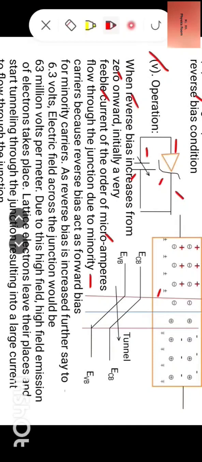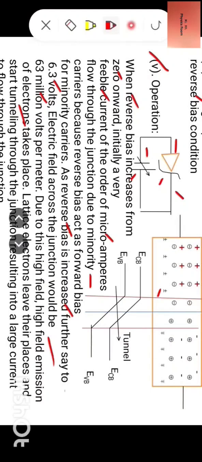As reverse bias is increased further, say to 6.3 volts, electric field across the junction would be 63 million volts per meter. Due to this high field emission of electrons takes place. Lattice electrons leave their places and start tunneling through the junction, resulting into a large current to flow through the junction.